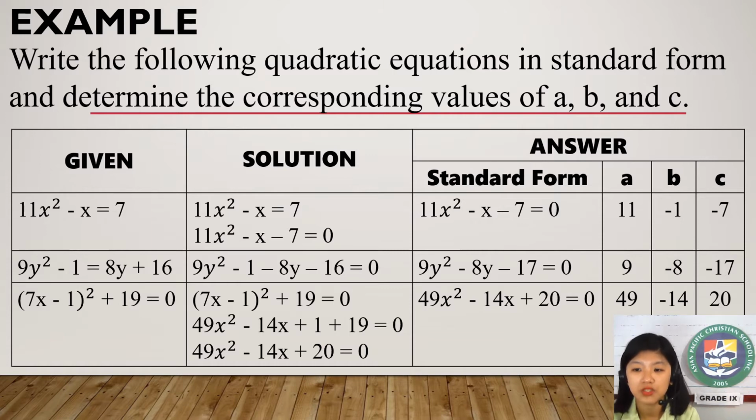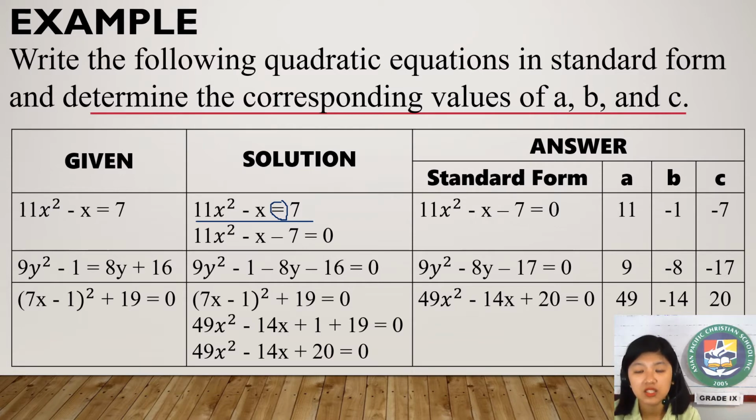So, kung mapapansin nyo dito sa solution, yung 11x squared minus x equals 7, naging 11x squared minus x minus 7. Bakit naging negative na si 7? Kasi dun sa equal sign, kailangan walang numbers na natitira dito maliban kay 0.